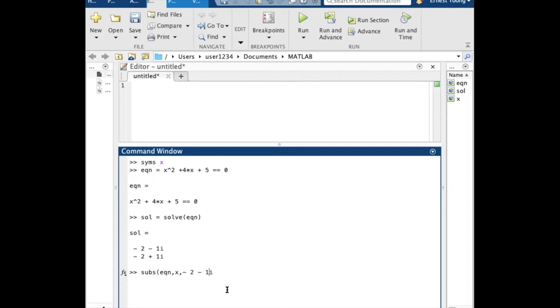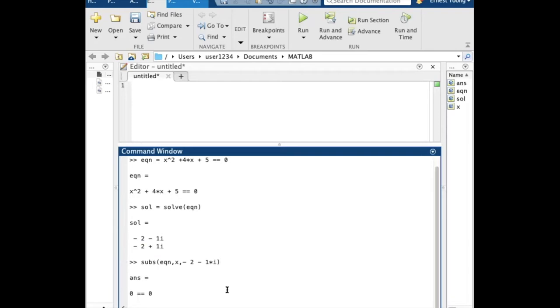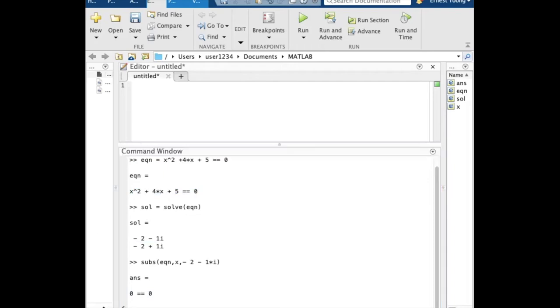It should be 1 times i in brackets. Let's see, there we got 0. The left-hand side is equal to the right-hand side, which is correct. So this is how we solve the quadratic equation.